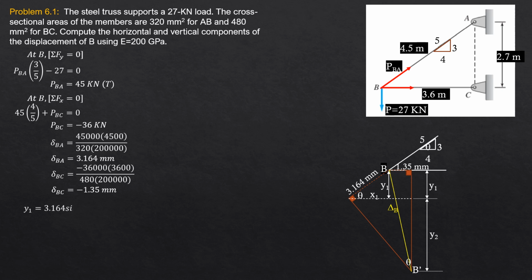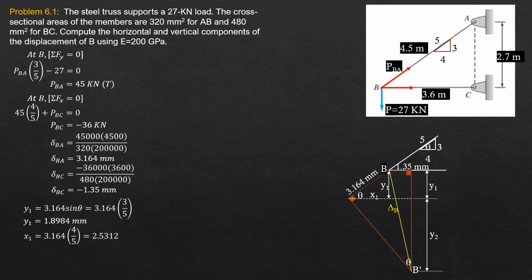So y1 is 3.164 sine of theta, and sine theta is equal to 3 over 5 from this figure, from the slope. So y1 is equal to 1.8984 mm. Then let's solve for x1 first. x1 is 3.164 cosine of theta, and cosine theta is 4 over 5.